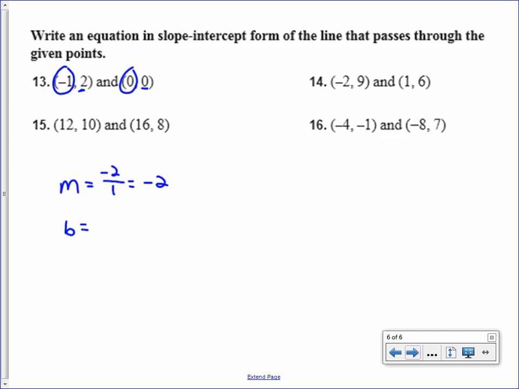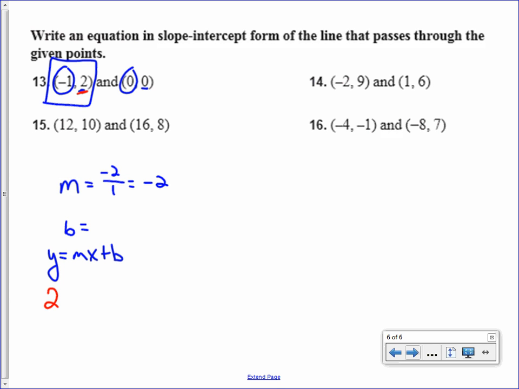Well, to find the b, I don't know what b is. So we use this formula, y equals mx plus b. You pick one of your points. For instance here, we know that the y value is a 2.